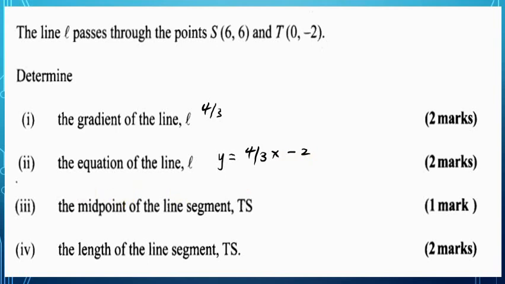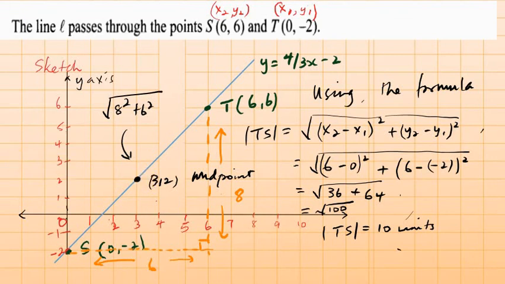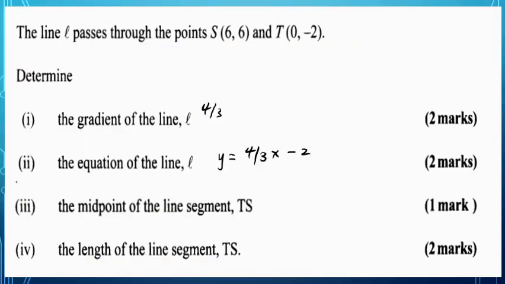The midpoint of the line segment, we got that to be (3, 2), x coordinate 3, y coordinate 2. Right, so it's a coordinate point. Midpoint is a coordinate point. This is the location of the middle of the line segment. The length of the line segment is how long the line segment is, and we got this to be 10 units.